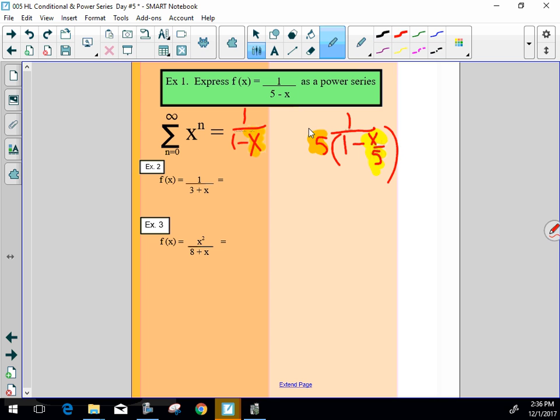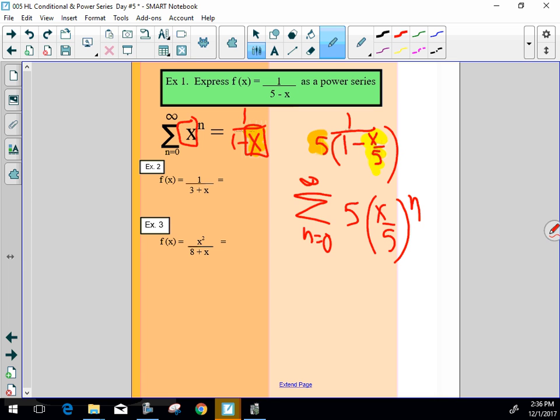So I can rewrite this sum as n goes from 0 to infinity. I can still keep that 5 out here. And instead of x, I'm going to replace it with x over 5 to the n. So what we did is we transferred a formula into a series.